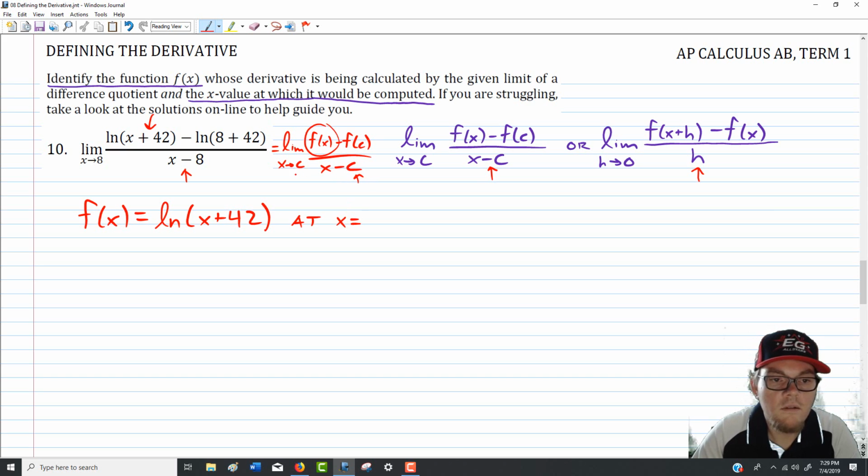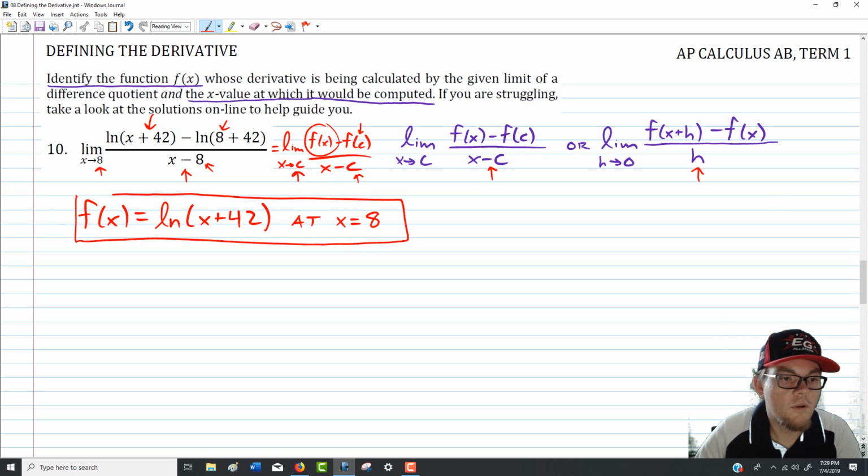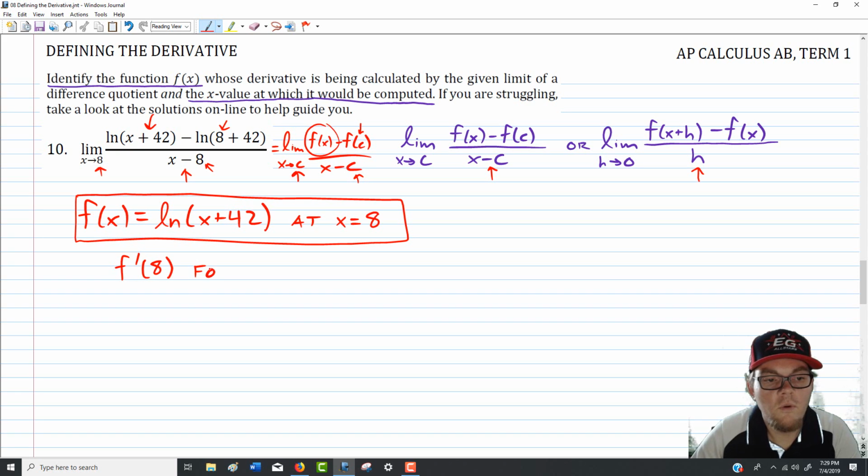Well, c is down there, also plugged into the function, I see 8, 8, 8, which tells me this is going to be at x equals 8. So in other words, it doesn't ask this for us, but this is basically asking us to find f prime of 8 for f of x equals ln of x plus 42. So there's our first one.